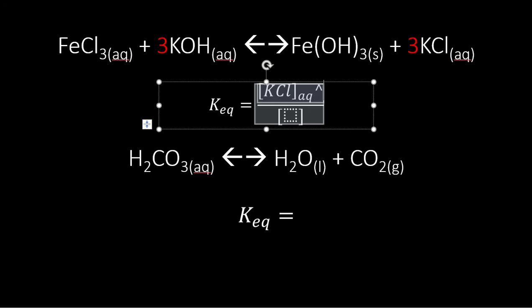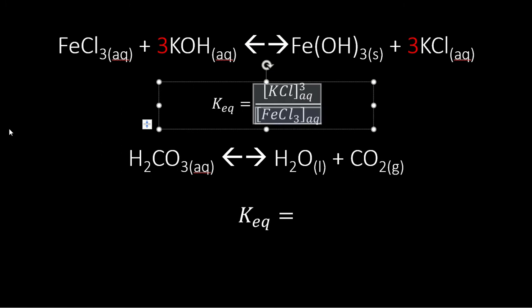And we are going to raise that to the third power because the stoichiometry in our chemical equation is 3. Now, for our denominator, we look at the reactants. Our first reactant is iron 3 chloride, which is in the aqueous state.